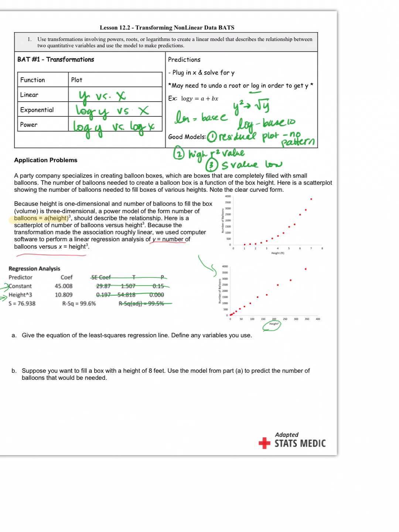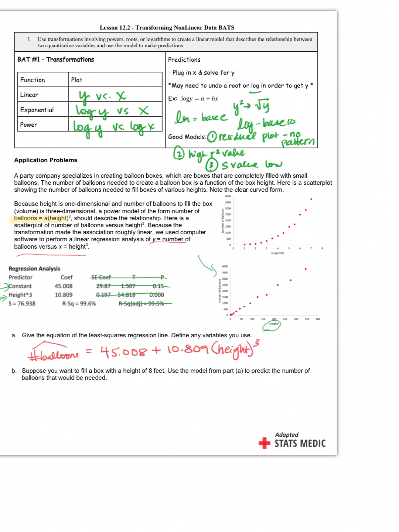So there's my output. A just says give the equation of the least squares regression line. Define the variables used. So what are we predicting in this question? Number of balloons needed in these boxes. Okay. So as I read my table, I put my y-intercept first, 45.008 plus 10.809 times my x variable, height cubed.